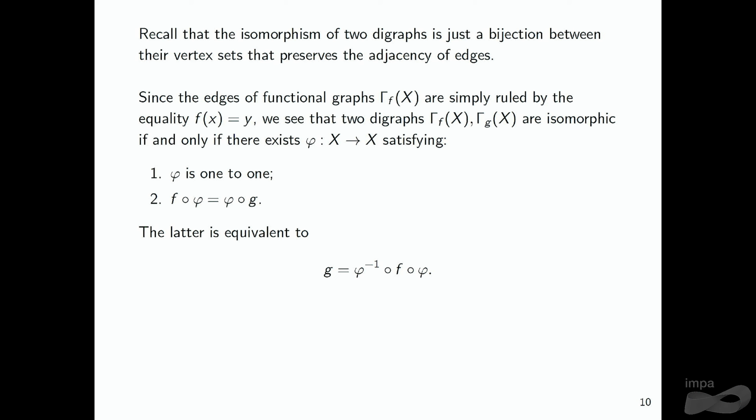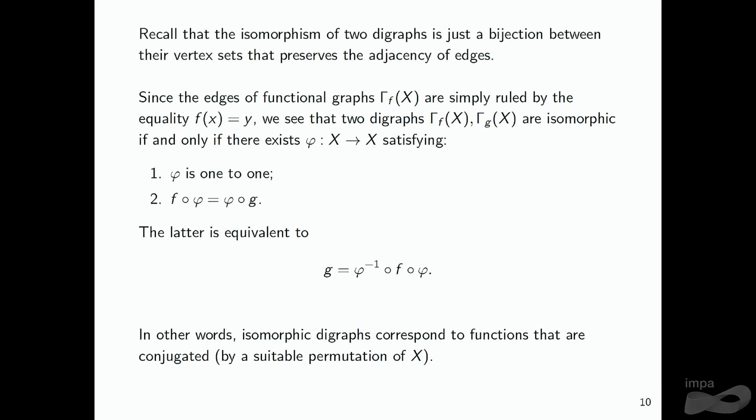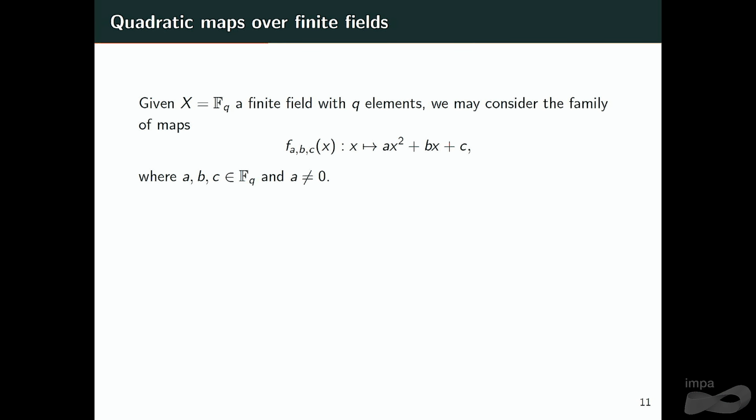So saying the graphs are the same is the same thing as saying that the functions are conjugated by a bijection between the two sets. For instance, if my set X is fixed, it is a conjugation by a permutation of the elements of X.